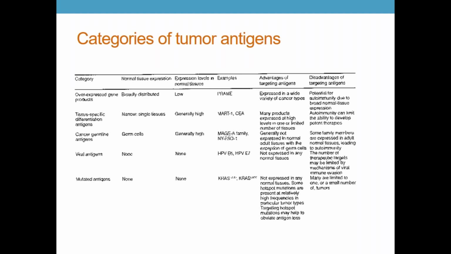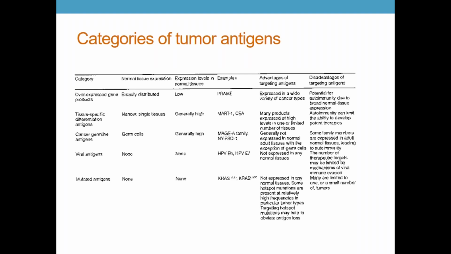You can then have a group of antigens or cell surface proteins, which are called tissue-specific differentiated antigens. An example of this would be PSMA, a prostate-specific membrane antigen in prostate cancer, which is present in prostate cancer, but mainly in normal prostate.